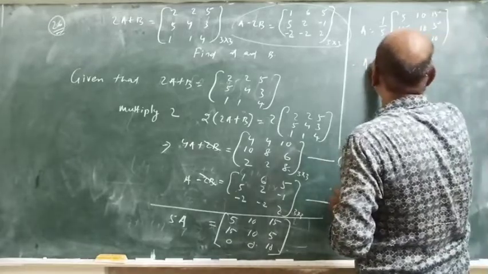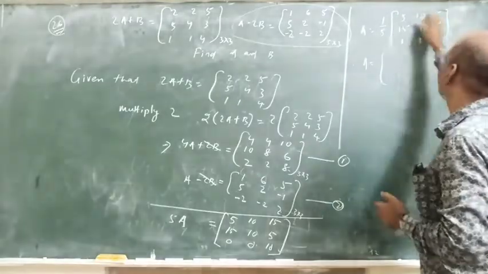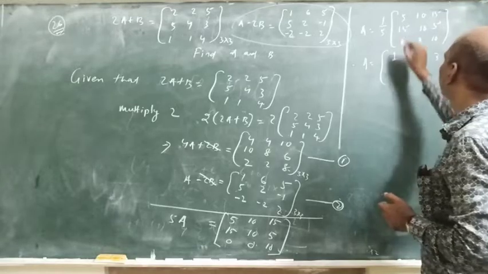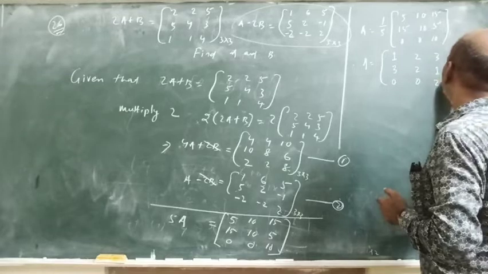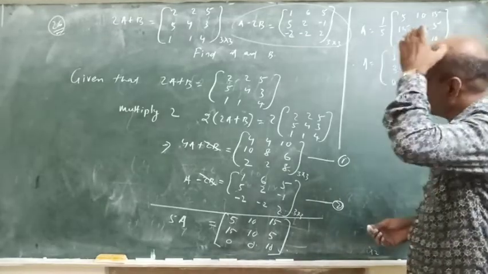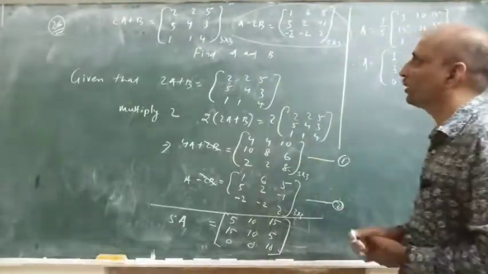Therefore A is equal to, now divide by 5. Every element of this matrix will be divided by 5: 1 2 3, 3 2 1, 0 0 2. This is your A.